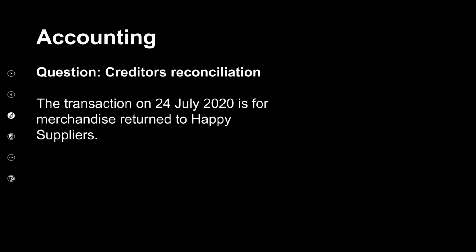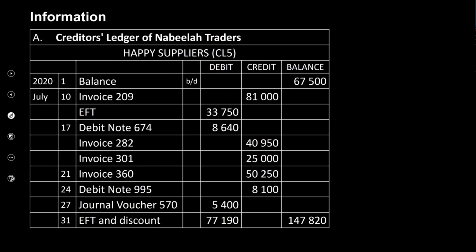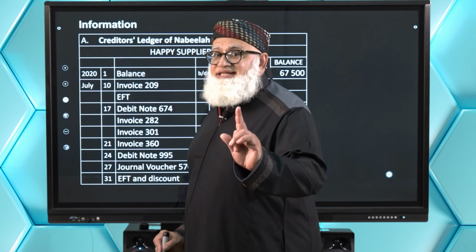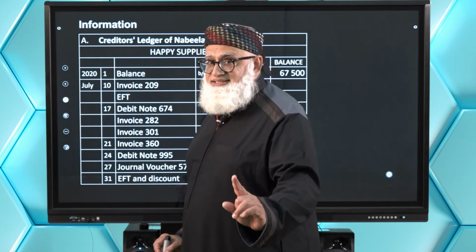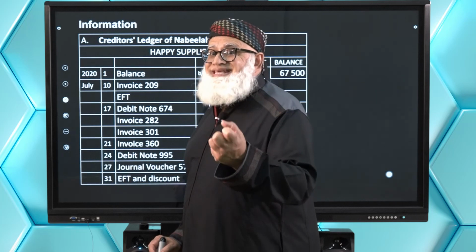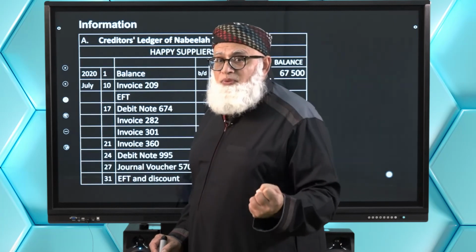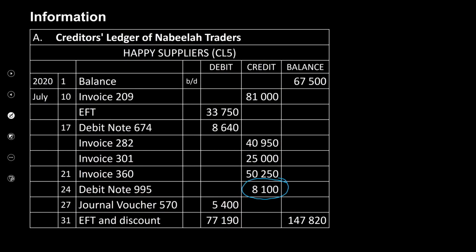The transaction on the 24th of July is for merchandise returned to Happy suppliers. We return goods to Happy suppliers. Let's look at the transaction on the 24th. There's a debit note, 8,100. Remember, we return goods to our suppliers, and when we're returning goods to our suppliers, we have to decrease the amount that we owe them. Therefore, what have we done?